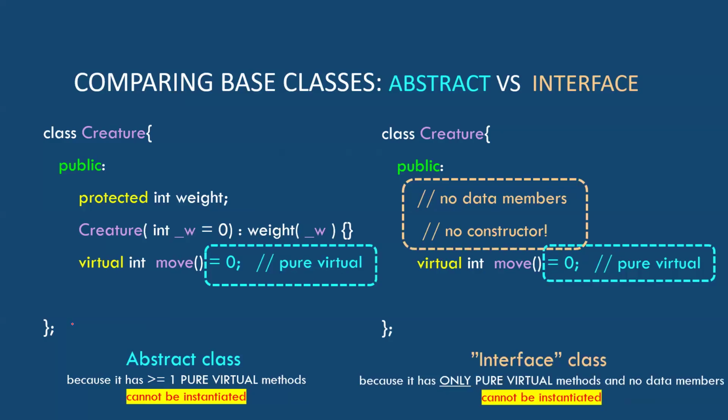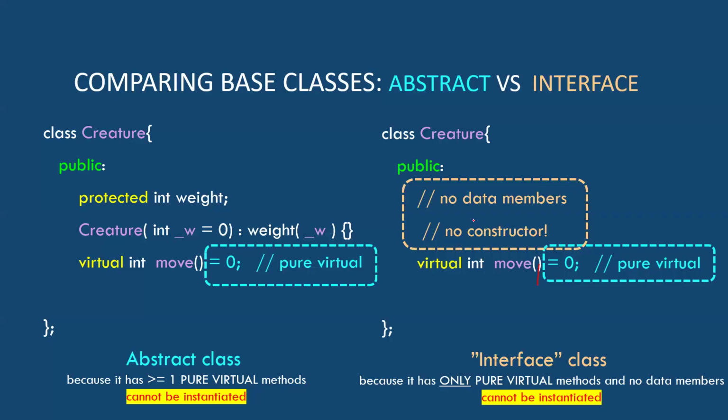So it's not a keyword in C++, it's just an idea of giving out even less stuff. It's like, hey, we're going to be working with a move, and this is going to be the function signature. Okay, go crazy. Make your own constructor, add your own data members, so orcs can have whatever they want. Goblins can have something else entirely. Okay, so that's the only real difference there.